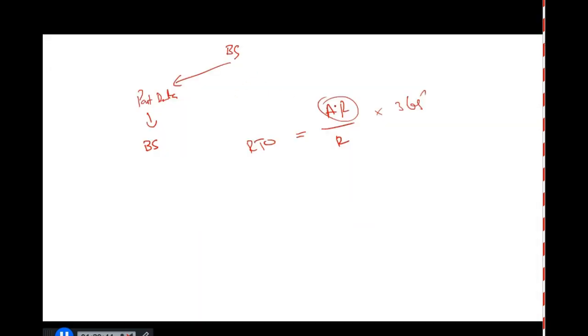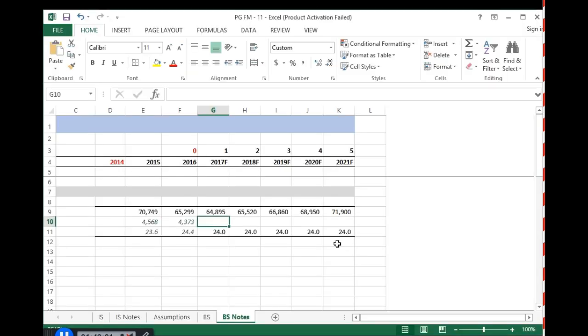Account receivable is equal to days multiplied by revenue divided by 365. I have the revenue, I have the days, I have the 365 number. I can simply put the formula here and forecast future account receivable.